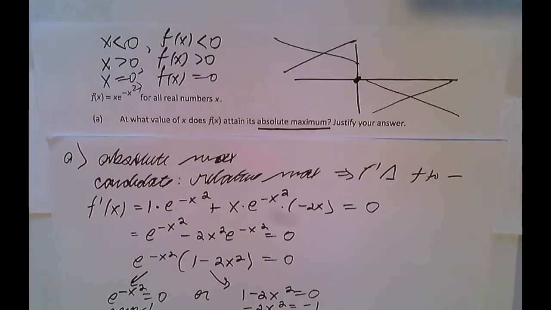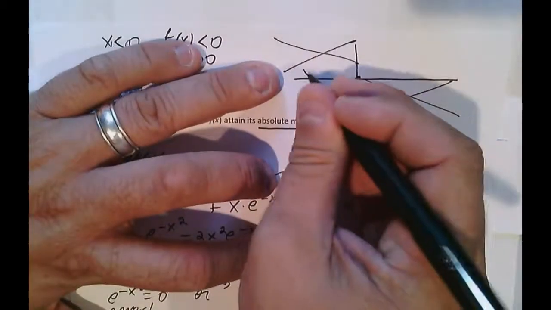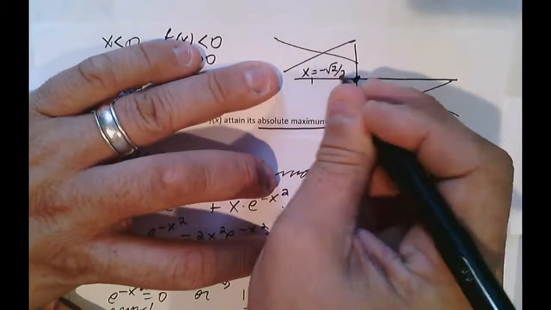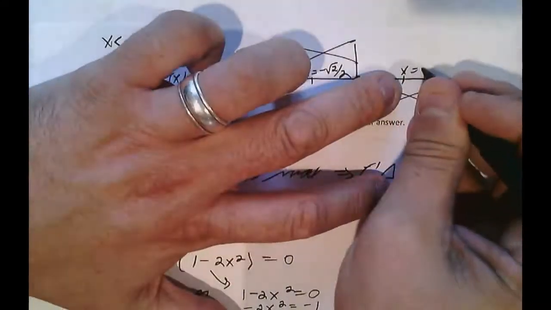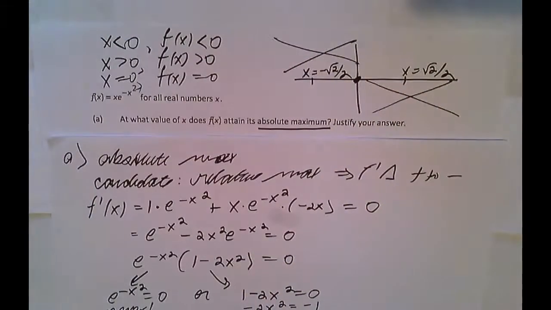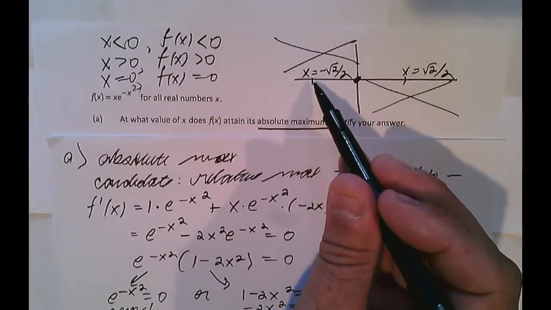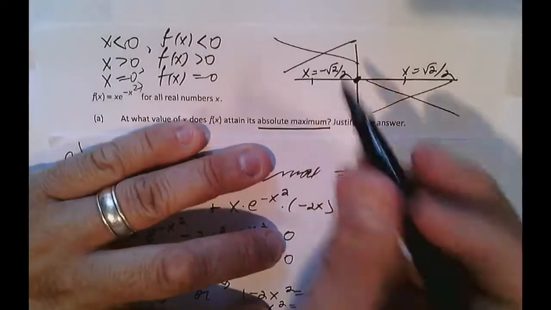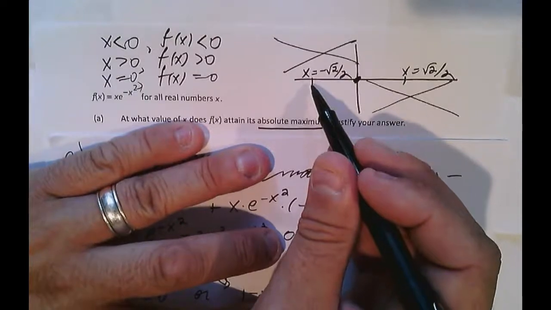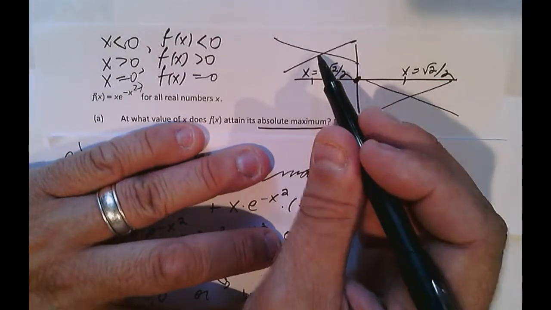If x equals square root of 2 over 2, well, from negative square root of 2 over 2, here's negative square root of 2 over 2, to x equals positive square root of 2 over 2, what I know is before I get to x equals negative square root of 2 over 2, my function is decreasing. But I have to be decreasing in a way that I don't make it up into the second quadrant.